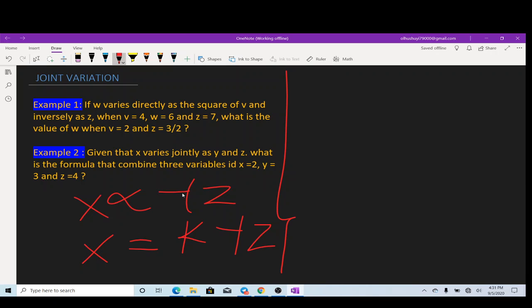What is the formula that combines the three variables?